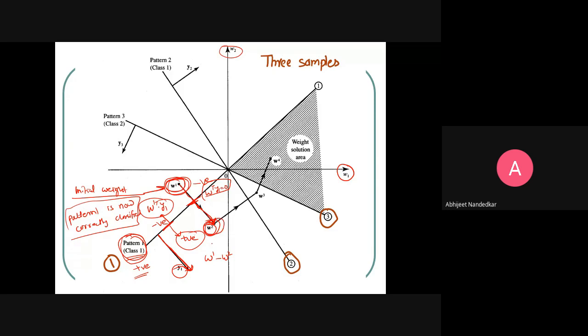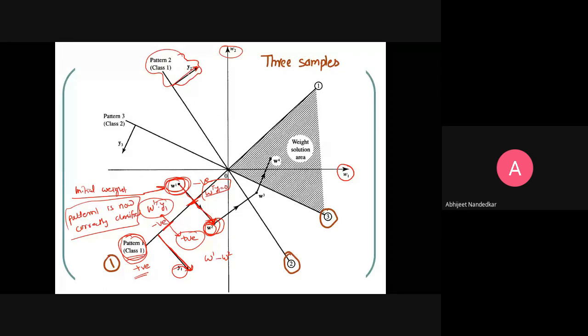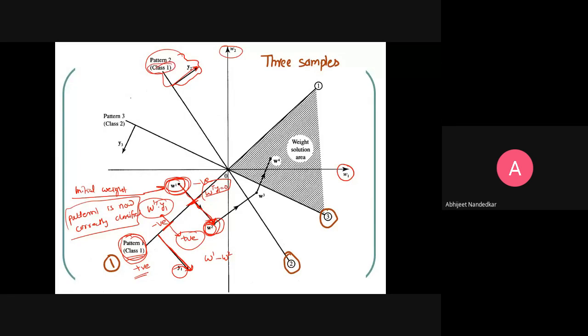Now I have been presented the second pattern, which is y2 of this direction. Okay, and it also belongs to class 1. Now if it is belonging to class 1, I want my weight to be in the positive zone of this particular line. Which line? This line. How I obtain this line?